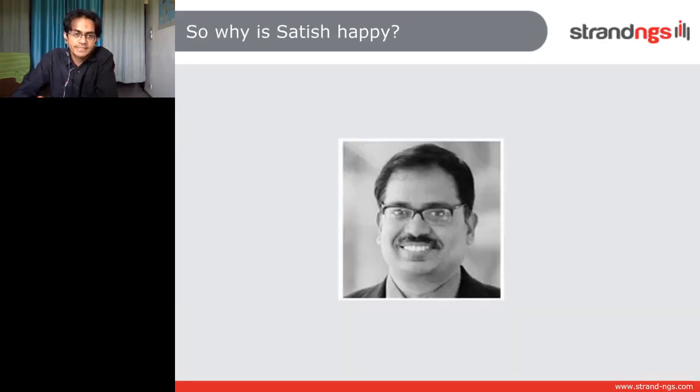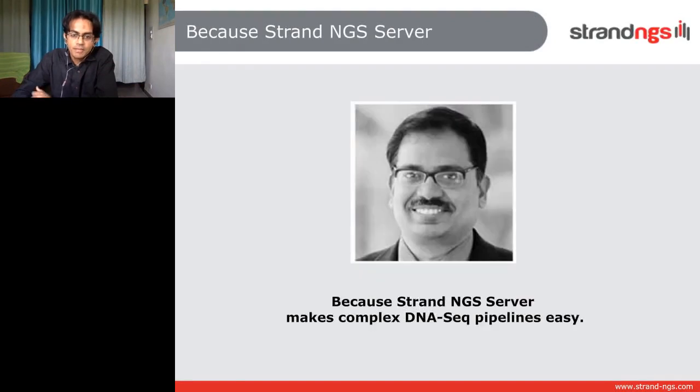So why is Satish happy? Because as we saw, these complex pipelines aren't a joke. They take years to develop, but Strand NGS Server makes it that much easier to develop.